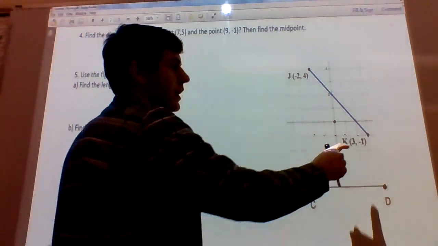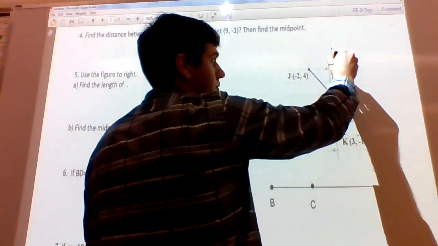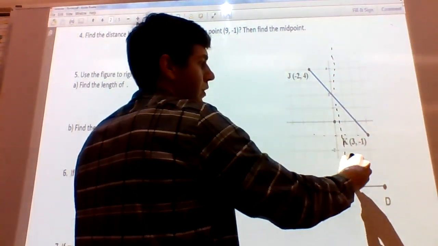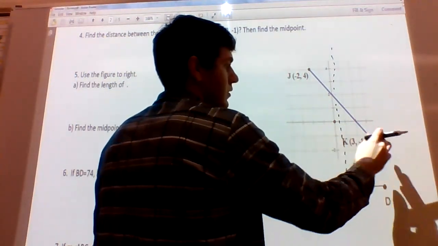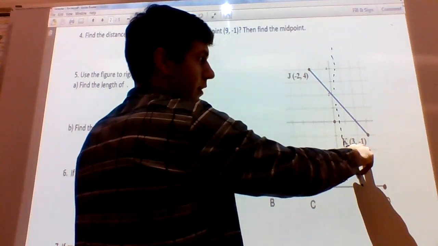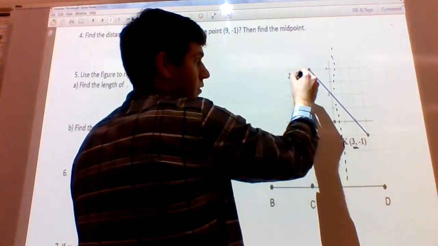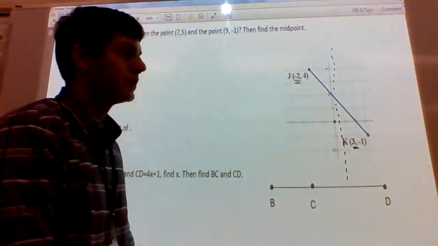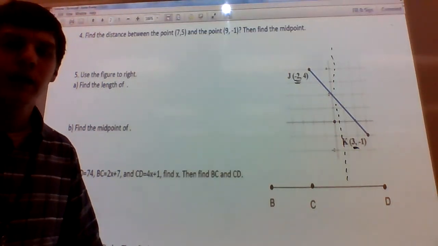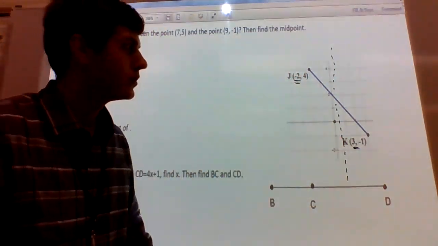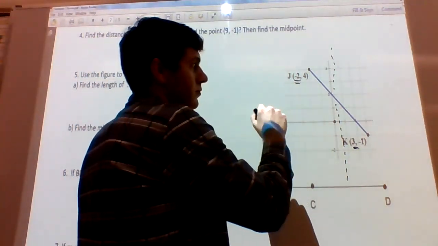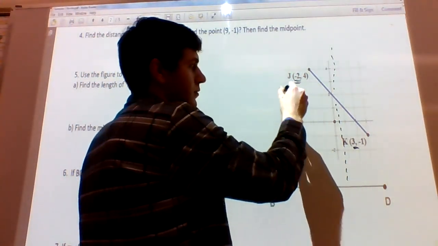So if we go 2.5 this way, we know at x equals 0.5, right? Because if this is 3, the x value is 3, right? Halfway between 3 and -2 is going to be 0.5. We know halfway between 4 and -1 is going to be 1.5.